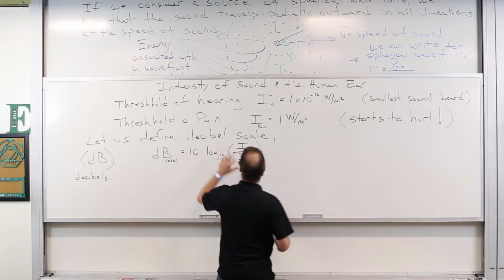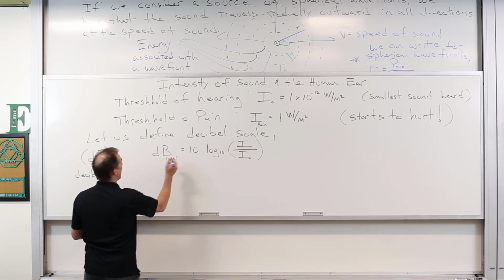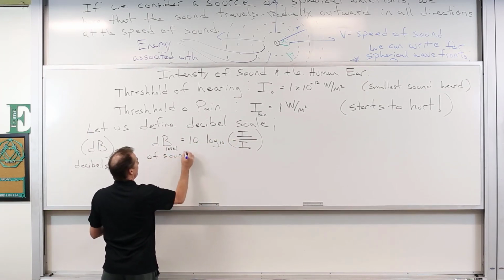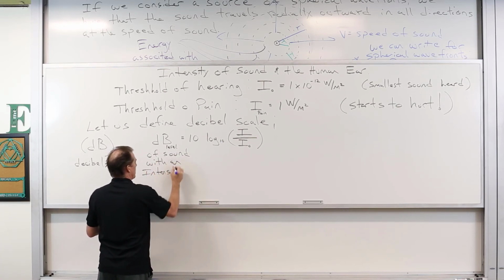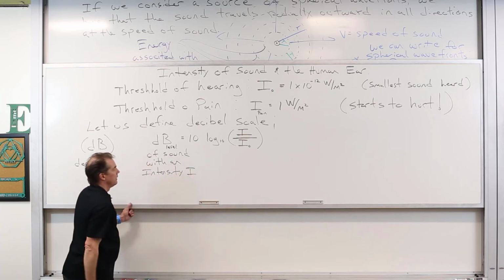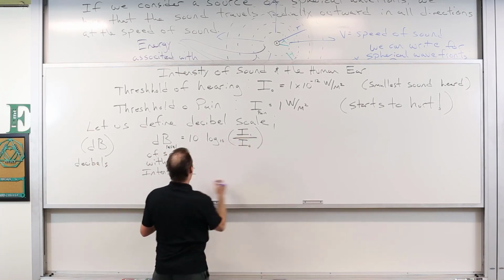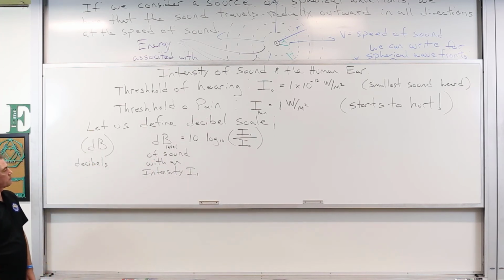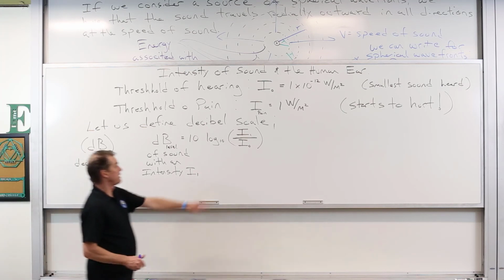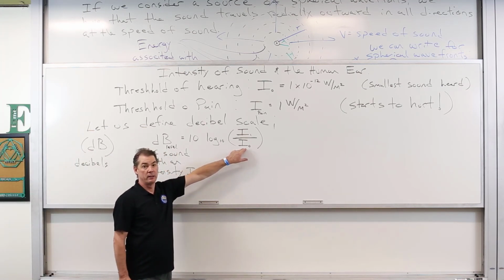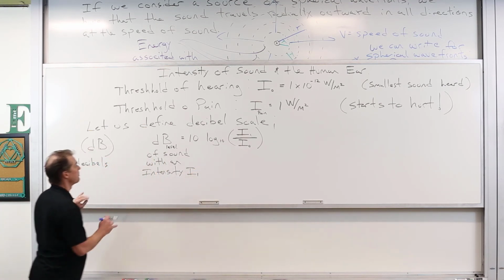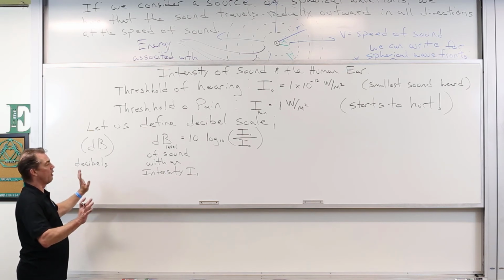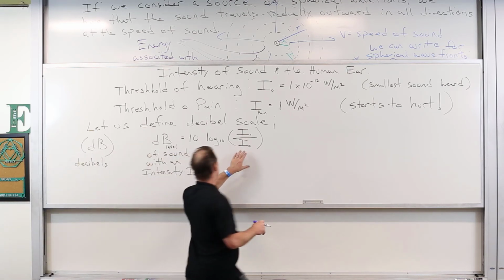So this would be the decibel level of a sound with intensity I. And actually, let's just call it I1. Again, we need a reference intensity, and that reference intensity is the threshold of hearing, the smallest sound perceivable. So it's comparative here, but this is how the decibel level scale is developed by comparison to the smallest sound that we can hear.